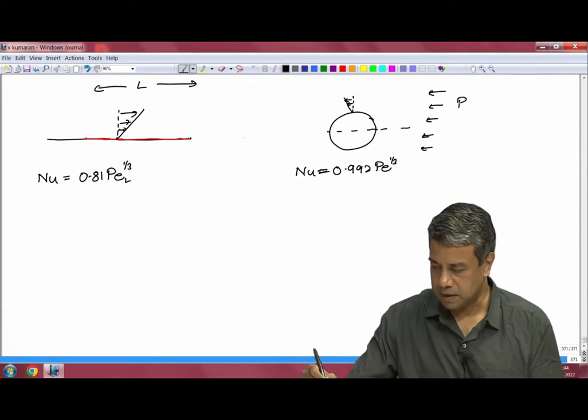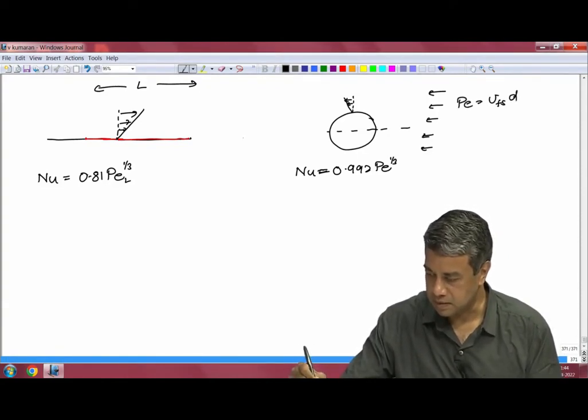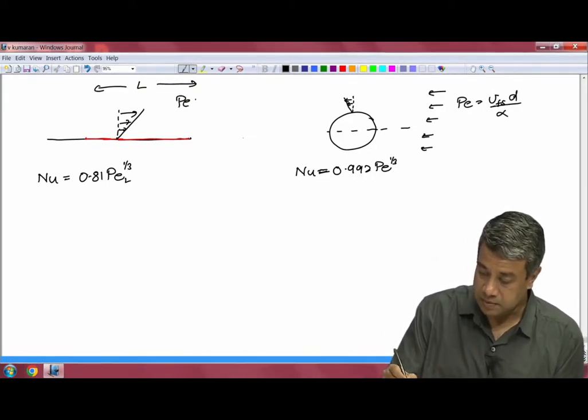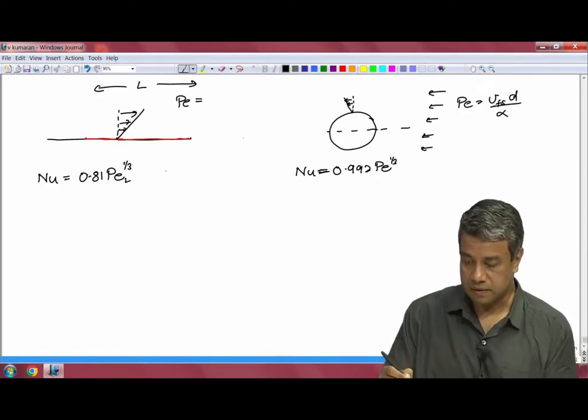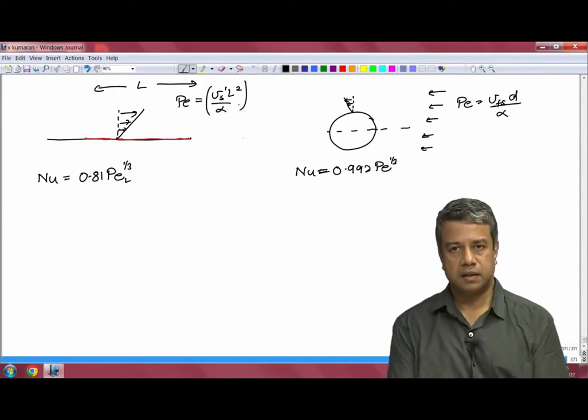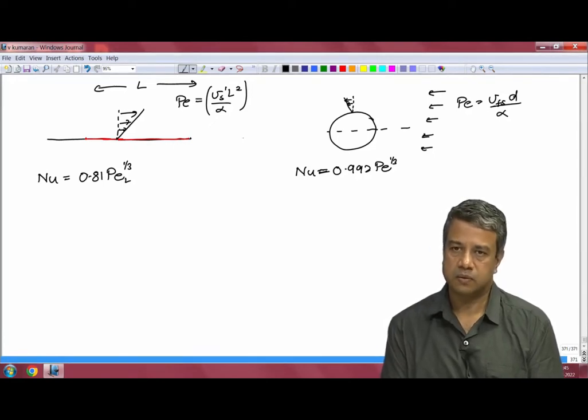In this case, the Peclet number was equal to the free stream velocity times d by alpha. In this case, the Peclet number was based upon the strain rate, Vs' L squared by alpha. So in both cases the Nusselt number was proportional to the Peclet number to the 1/3 power.